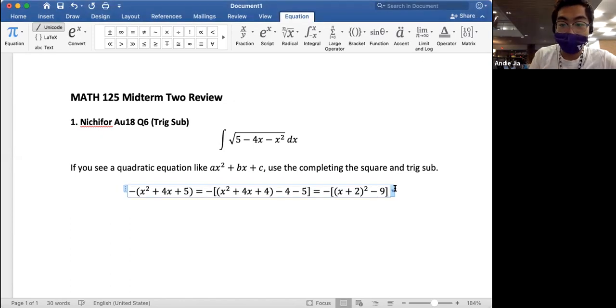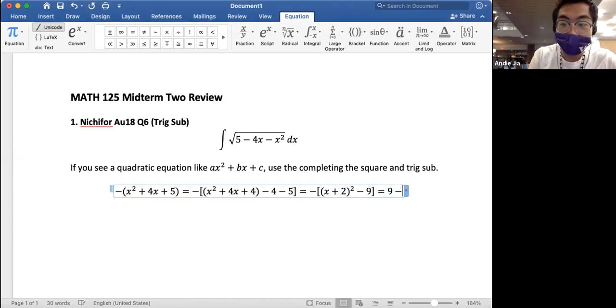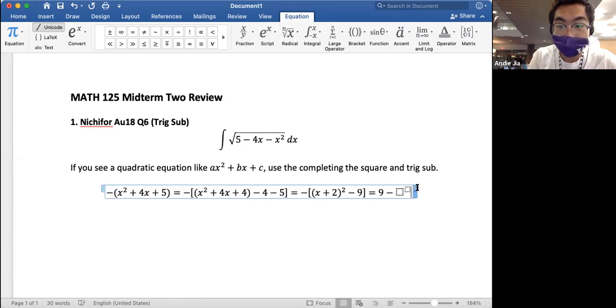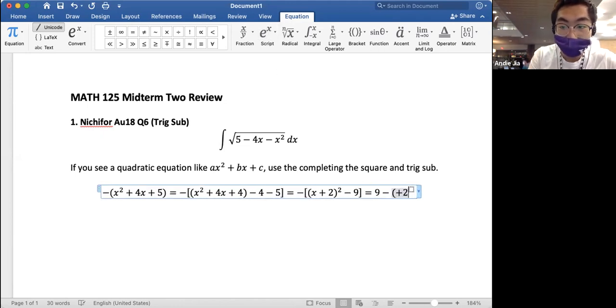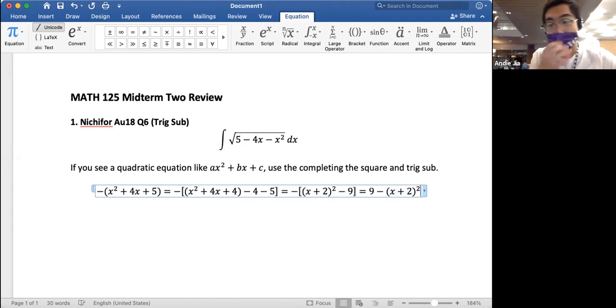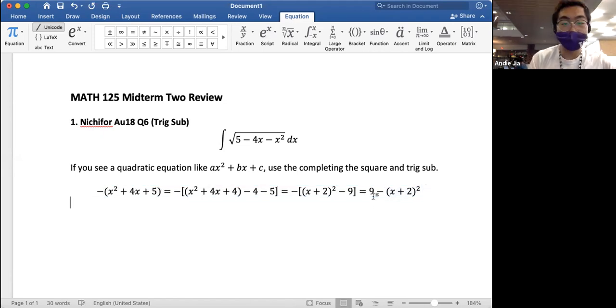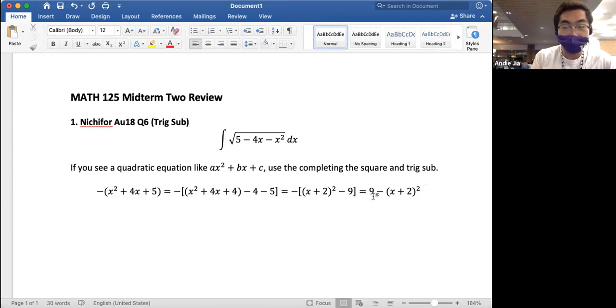Then we have 9 minus (x plus 2) squared. So this is like a squared minus x squared.